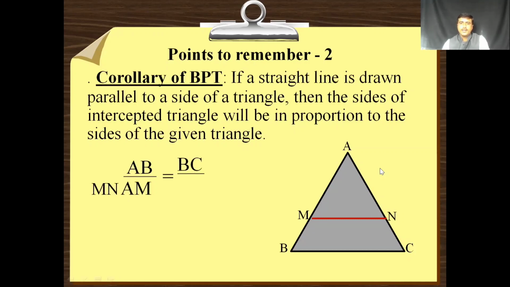Then it is also equal to the third side, that is AC divided by AN. So this is the corollary which we have to know. If you are familiar with these three concepts, then we can prove a theorem given in 10th standard.